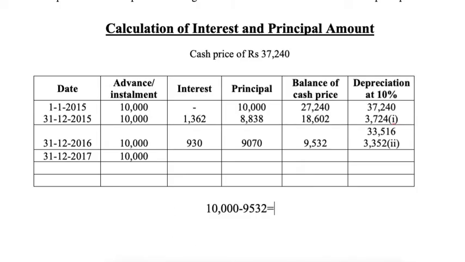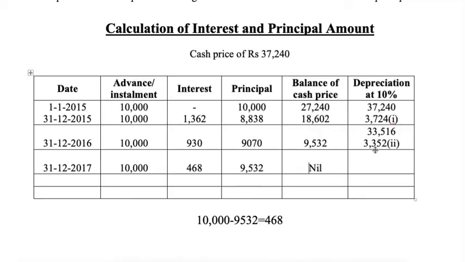If we deduct it, we are going to get 468. So we are going to write down here 468. Now when the interest amount is 468 and the installment is 10,000, how are we going to get the principal amount? 10,000 minus 468 will be 9,532. So these two figures tally now here. So here it will be nil, right? Fine.